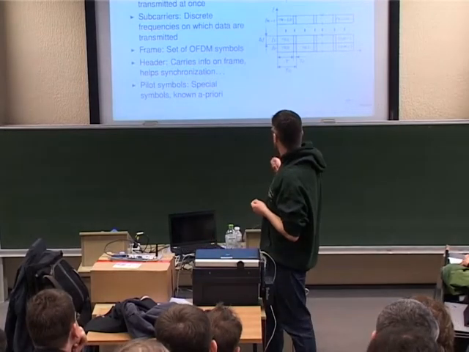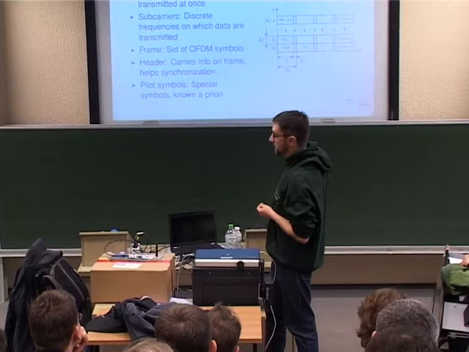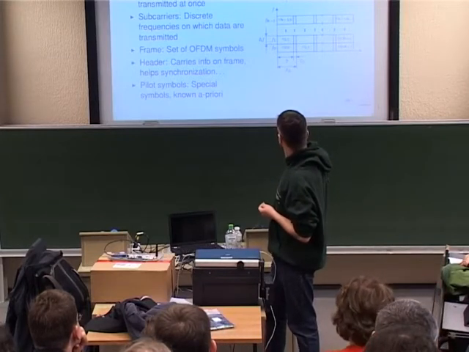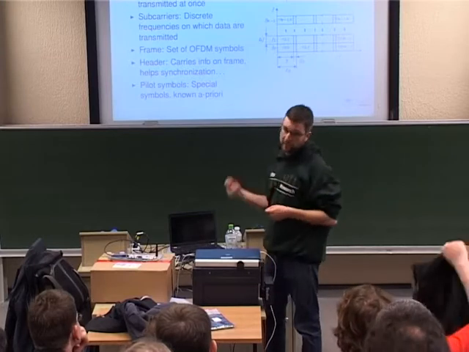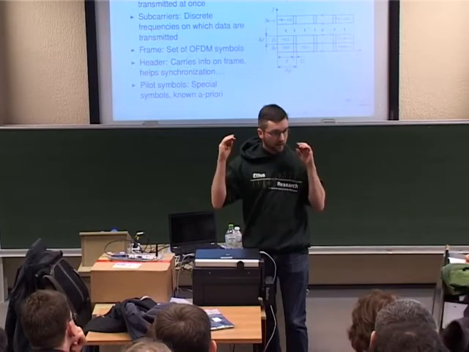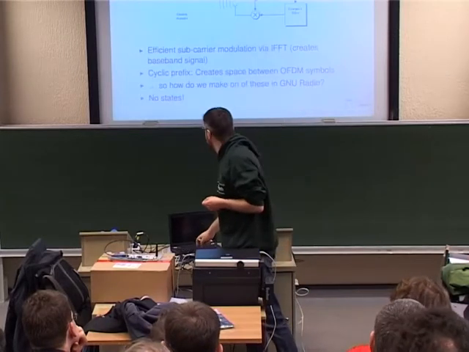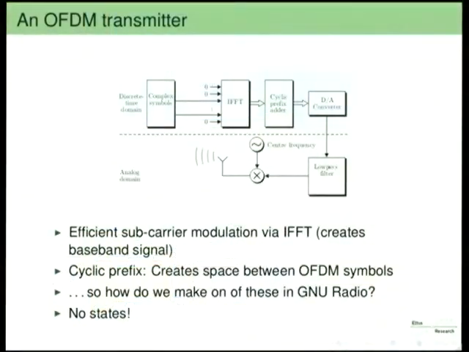When I talk about OFDM symbols, I'm talking about symbols transmitted at the same time. When I'm talking about subcarriers, I'm talking about this narrowband transmission on one frequency. When I'm talking about a frame, that's a set of OFDM symbols. This is a textbook representation of an OFDM transmitter. I guess there should be an arrow here that says something like bits.